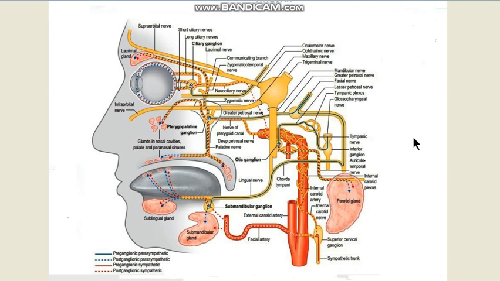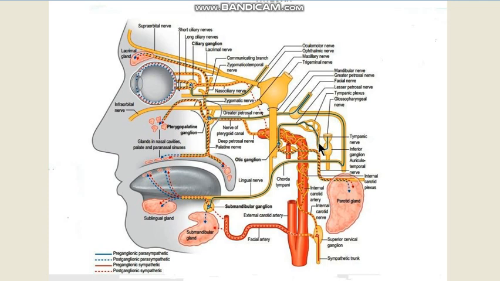See, here in this picture, you can make out the glossopharyngeal nerve coming from the brain stem, and this glossopharyngeal nerve, after exiting the brain and supplying other structures both in the pharynx and in the tongue, gives off a small branch just below the base of the skull, that is called the tympanic branch of the glossopharyngeal.